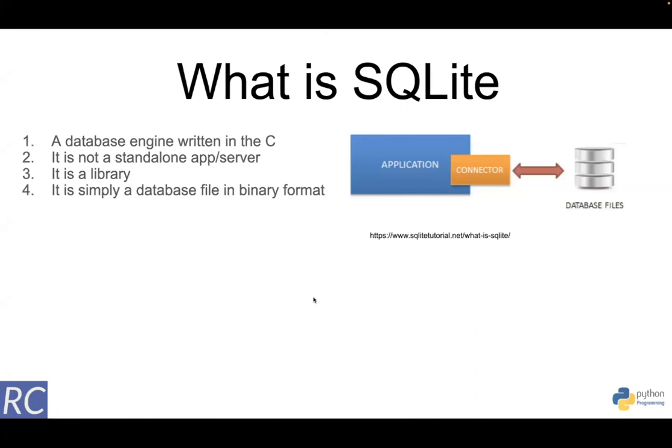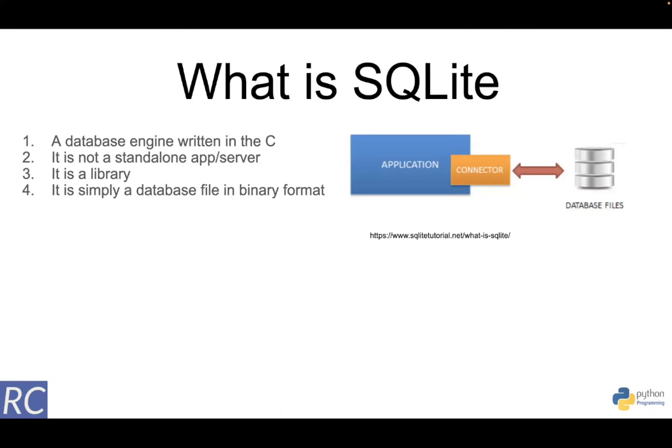So the first item that we want to target here is, first of all, what is SQLite. Now, SQLite is a database engine written in C. Okay, so it's not about Python. It's not about Node.js, or about any framework that we're using. It's basically a library that's been written in C already, and then we have different kinds of connectors to connect to the database engine.